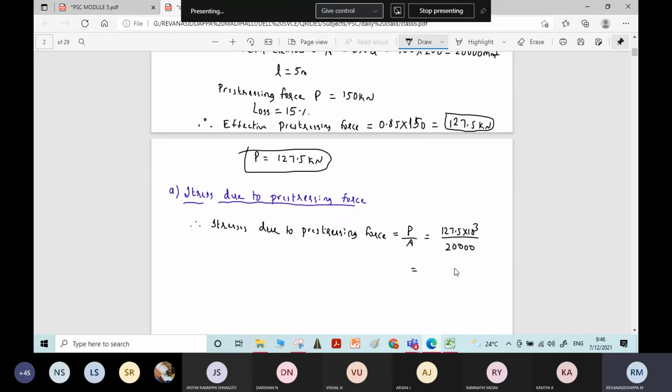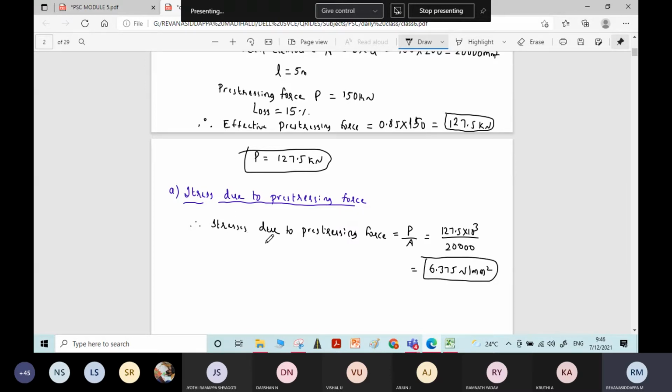Tell me the answer. 6.375 Newton per mm square.